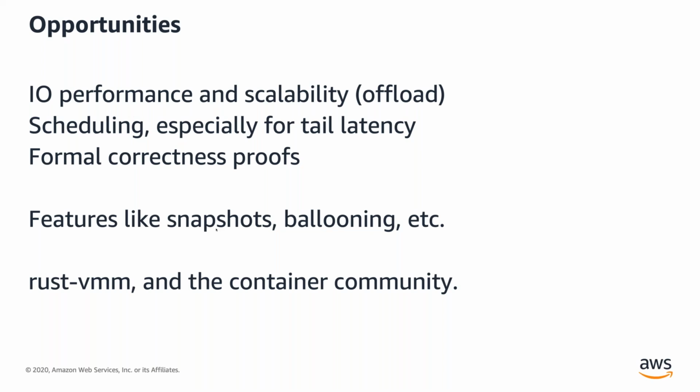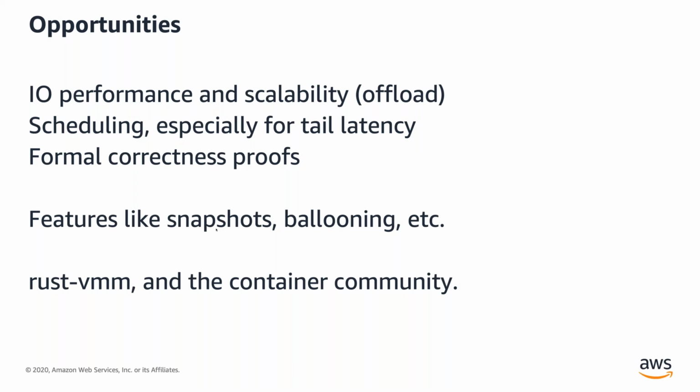Scheduling, especially at these high densities, is a challenge around tail latency, especially as you try and drive up CPU utilization. And I think there are some real research opportunities there and industrial development opportunities. We're working with the formal methods community to prove some more of the security properties of Firecracker, and be able to have even more confidence in the security of some of the paths through that code.